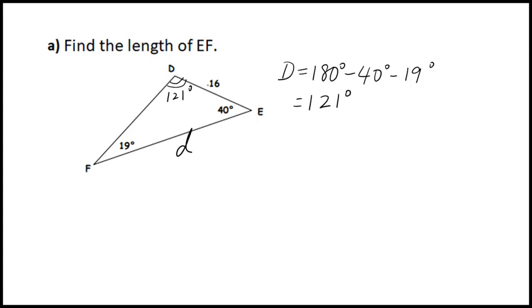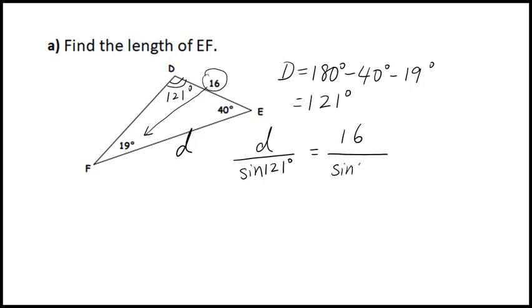Then we know for this 16, the corresponding angle is 19 degrees. Therefore, we can write down the sine law. That is d over sin 121 degrees equals 16 over sin 19 degrees.